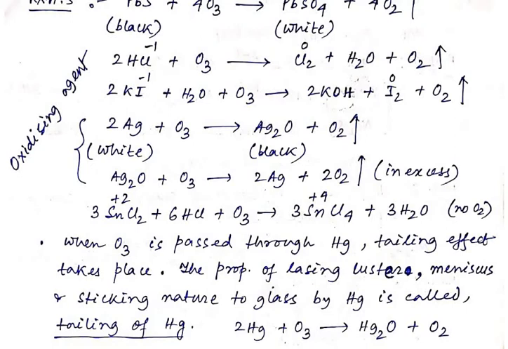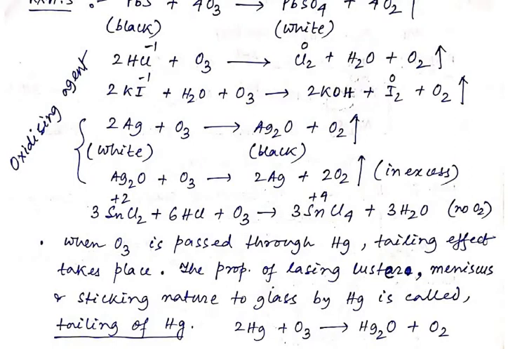And the last reaction here, which you can remember, is if I have stannous chloride, SnCl2, in acidic medium, with HCl, and it reacts with ozone, then finally it will give stannic chloride, that is the +4 oxidation state of tin, and it will form water.